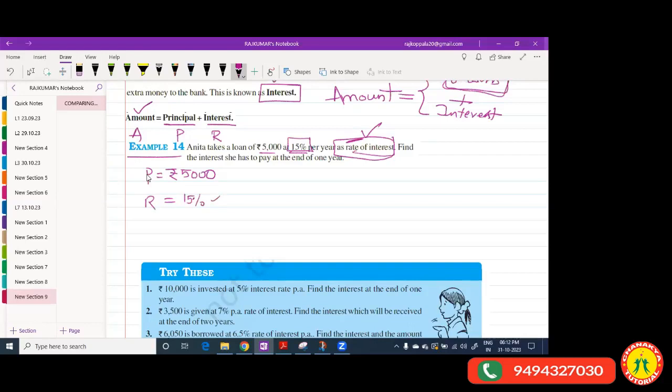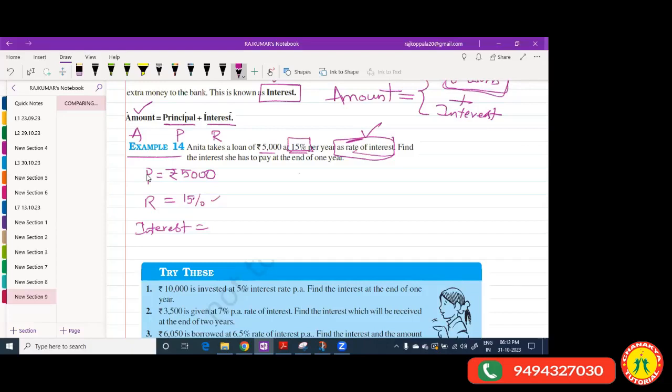So what we have to find is the interest, how much we have to pay as interest.